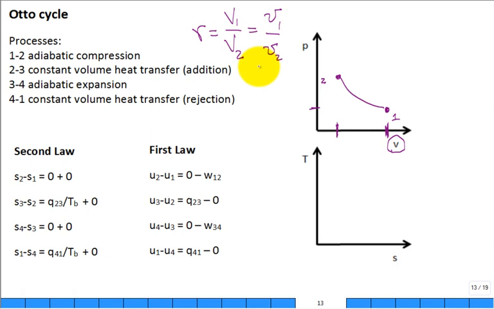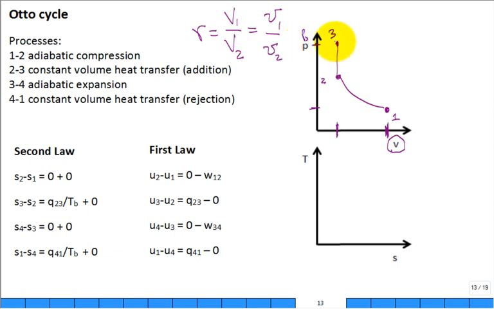Now, from 2 to 3, we have constant volume heat addition. So, constant volume, either the pressure is going to go up or the pressure is going to go down. Which one is it? It's going to go up. You're adding heat, and it goes up. And now you're at state 3. I'll put it over here. There's state 3, and it's pressure 3 right there.